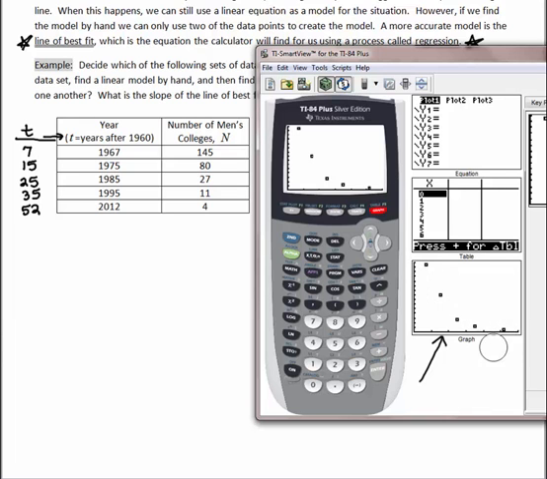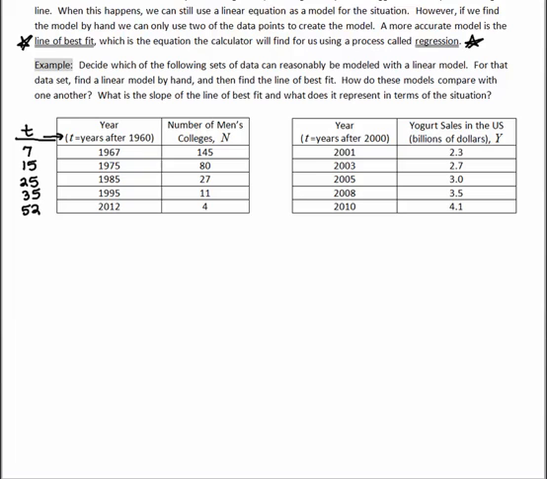Right? Or if I tried again, maybe I'll do it this way. But now I've missed this one by a lot. So there's no single straight line that comes pretty close to all of those at the same time. This data is not very linear, and it's not going to be a good choice for us to do a linear model on this.